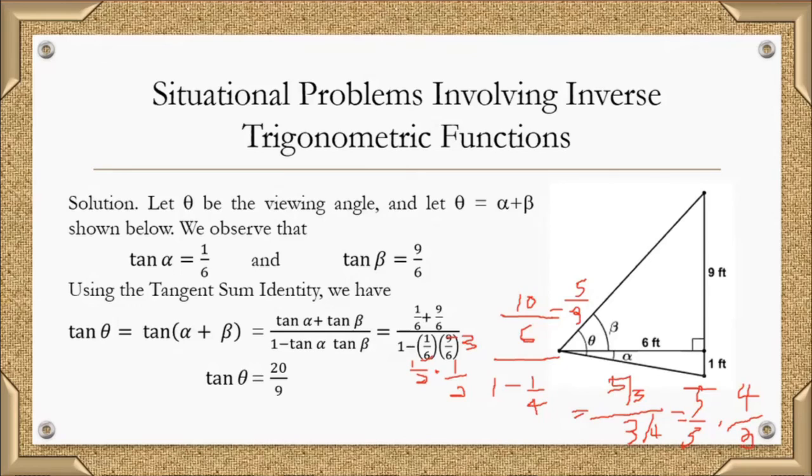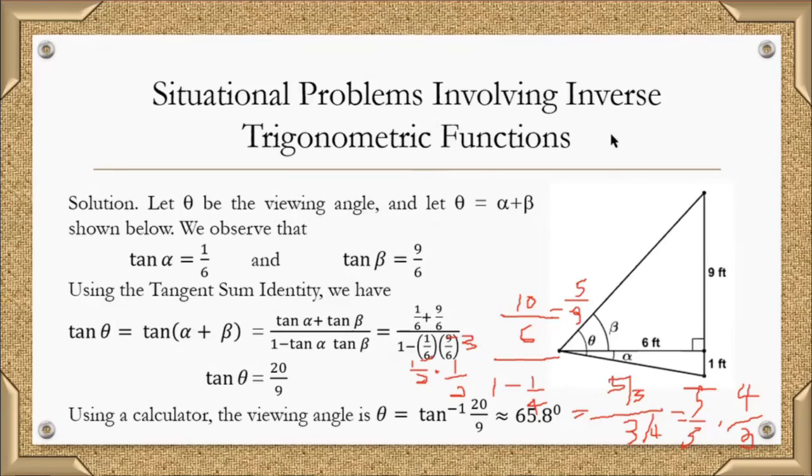Then, meron kang approximately, using calculator, arctan ang gagamitin mo, shift tangent, 20 divided 9. So, meron kang approximately 65.8 degrees. Sa degree yan 65.8 degrees. Okay, so yung viewing angle natin, 65.8 degrees. Okay, and that's all.